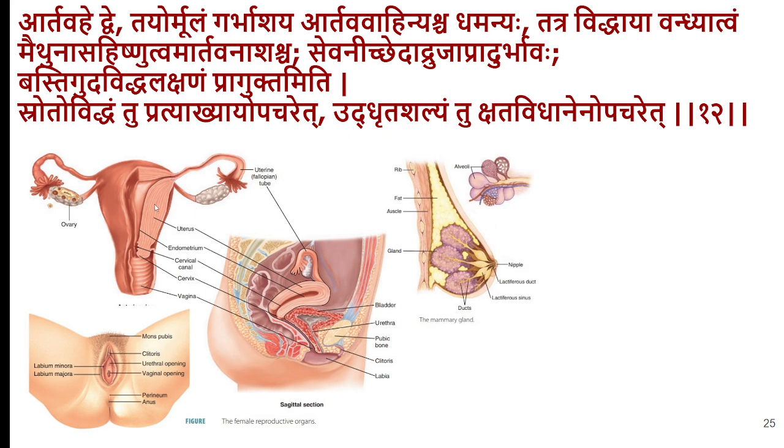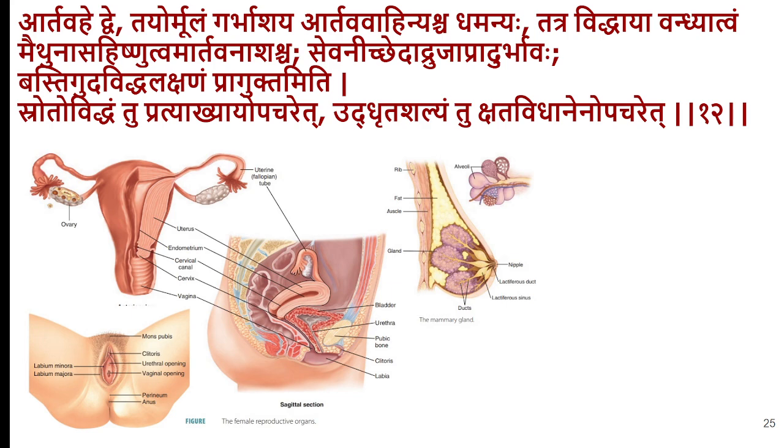Dhamani is the autonomic nervous system as well as the hormonal mechanism which regulates that, and if they are impaired, they can result in vandhyatvam, maithuna asahishnutvam, inability to have copulation, and artavanasha, amenorrhea. So these are the possibilities. Then the other structures which could be injured are sevani, and bastikuddhaviddha lakshana can also occur if they are injured. Srotoviddham pratyakhyeyam, uddhritashalyam kshatavidhanena upacharet.